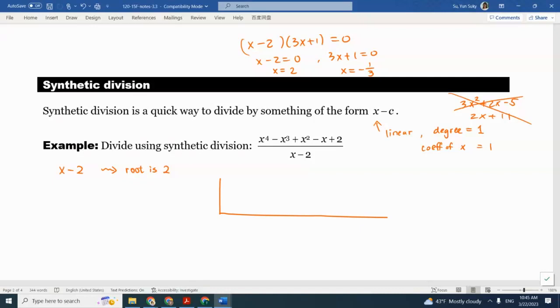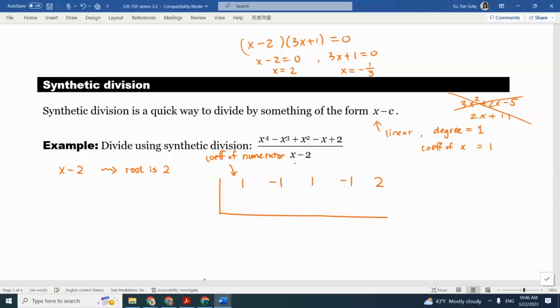So what you do is you draw a symbol like that. And then you put the coefficients. So you put the coefficients of the numerator. Therefore, you get 1x to the fourth and negative 1x cubed plus 1x squared, negative 1x, and plus 2. Okay?